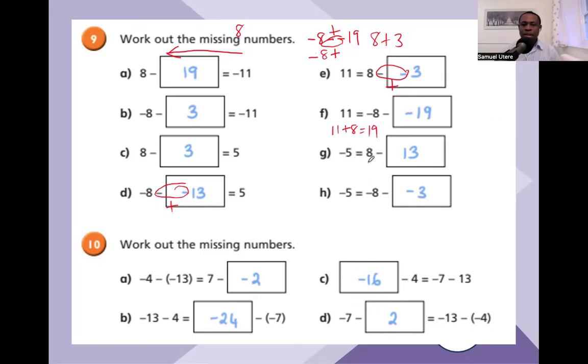Or if we think about it, to get from 8, which is a positive number, to -5, we have to cross 0. Now, 8 going to the left, okay? So to get from 8 to -5, we have to go to the left. We have to cross 0.